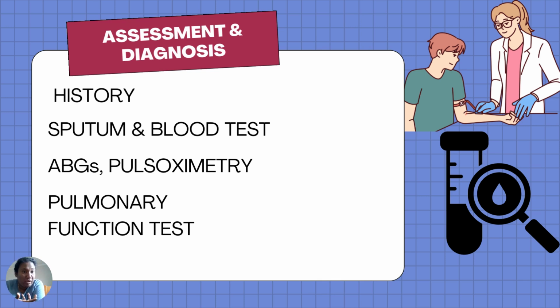Why I say socioeconomic history is, sometimes if they can't afford good housing, that could also mean their house has mold infestation or other allergens present in the house, poor hygiene, etc. Isn't it? And also, when we talk about occupational history taking, they could have been individuals who worked in factories that includes exposure to chemicals and exposure to respiratory irritants.